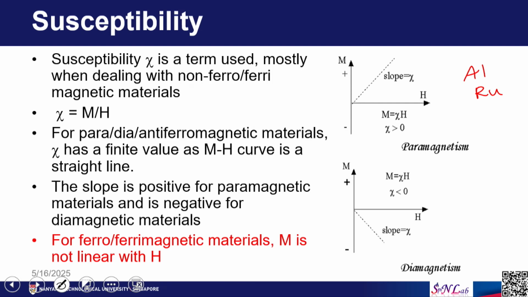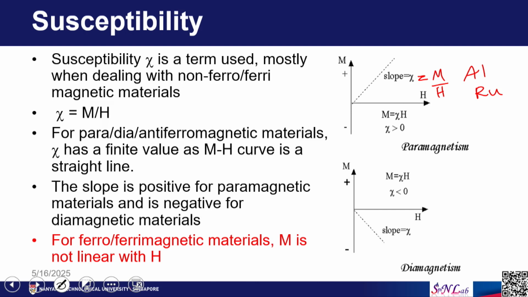We define the slope as the susceptibility chi, which is basically M over H, or delta M over delta H. We use this term susceptibility, chi, which is the slope of the MH curve, when we deal with non-ferromagnetic or non-ferrimagnetic materials. So, whether it is a paramagnetic, diamagnetic or antiferromagnetic material, we deal with susceptibility.